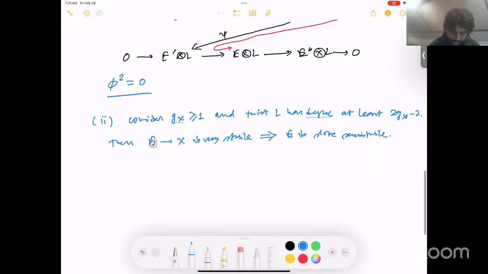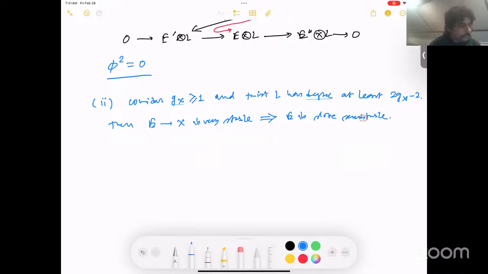Okay. And even if you restrict your attention to the case where the genus of X is strictly greater than 1, then E is slope stable.